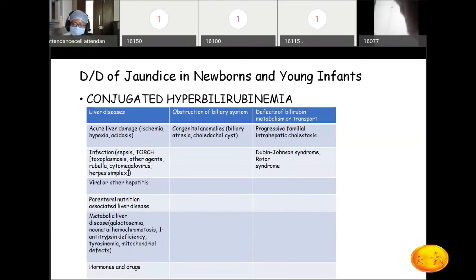So biliary atresia is something where your bile duct is involved, mainly your extrahepatic, but sometimes within your intrahepatic also. So extrahepatic biliary atresia is where your extrahepatic bile duct is either atretic or it is not functioning properly. A remnant is present over there, which results in the bile not getting excreted into your duodenum.